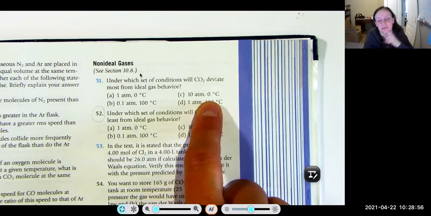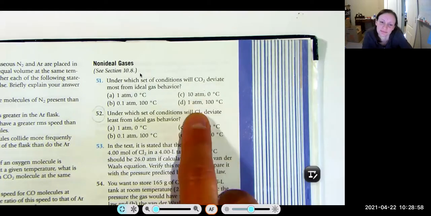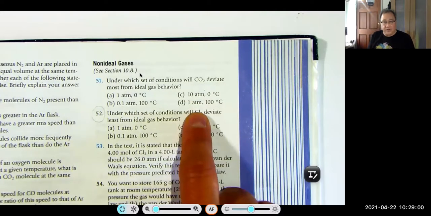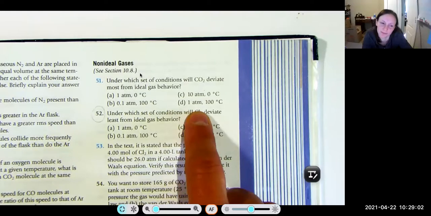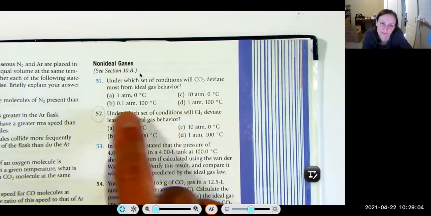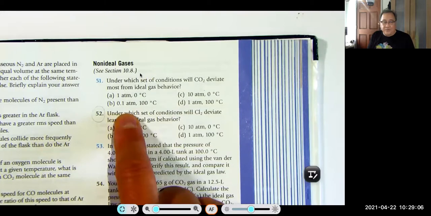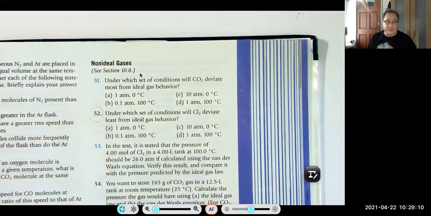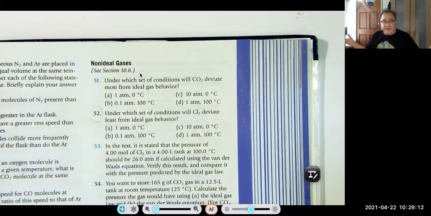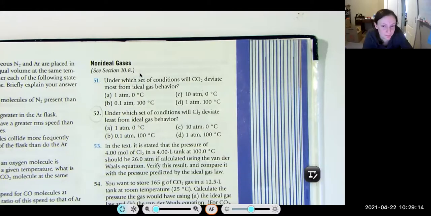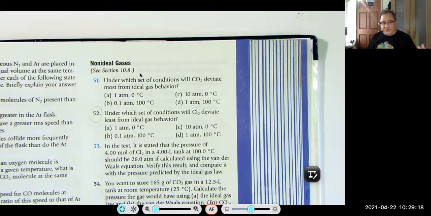And D is half ideal, because at least the pressure's where you want it, right? And B is neither the ideal pressure nor temperature. So I'm going to have to say B is where it's going to deviate the most because it's not STP. Okay, so that's pretty straightforward.